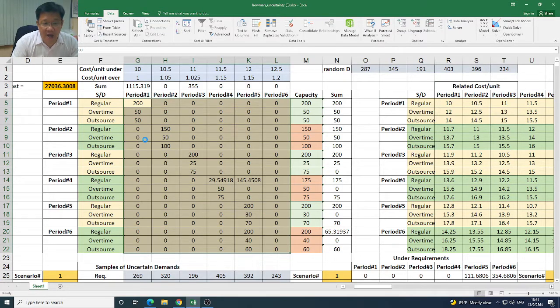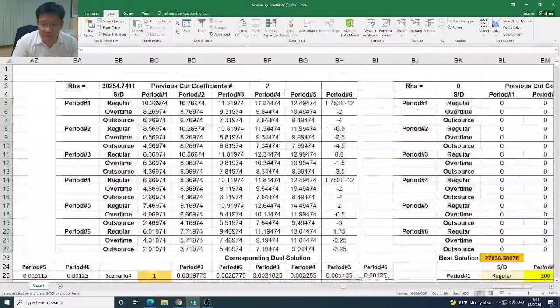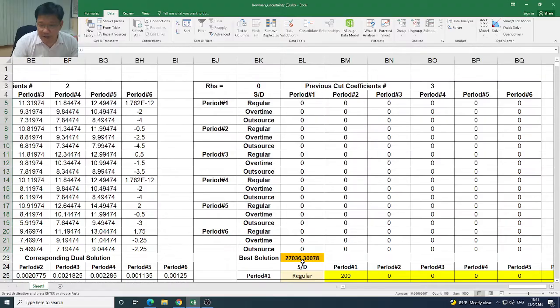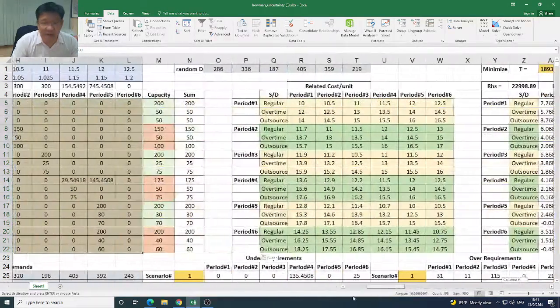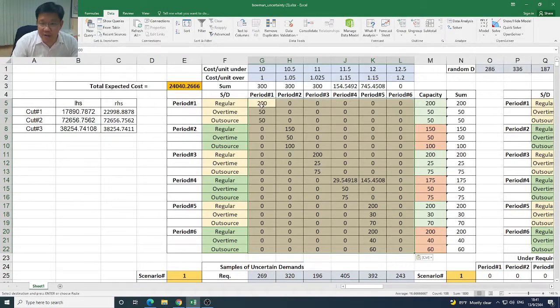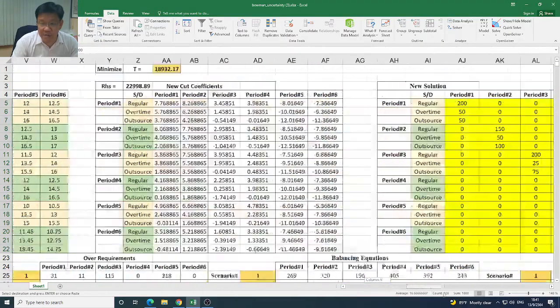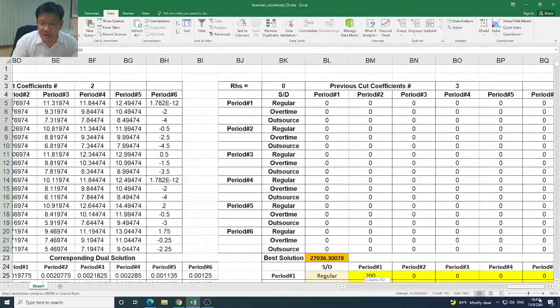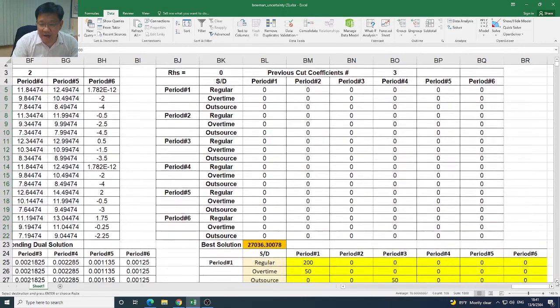It takes a while to recompute and get the better solution. Remember that the previous solution we kept here is 27,000. Now you get the better solution here, so this one is better than the previous. So now you just copy this. Right now this is the best solution, so you put that best solution right here.